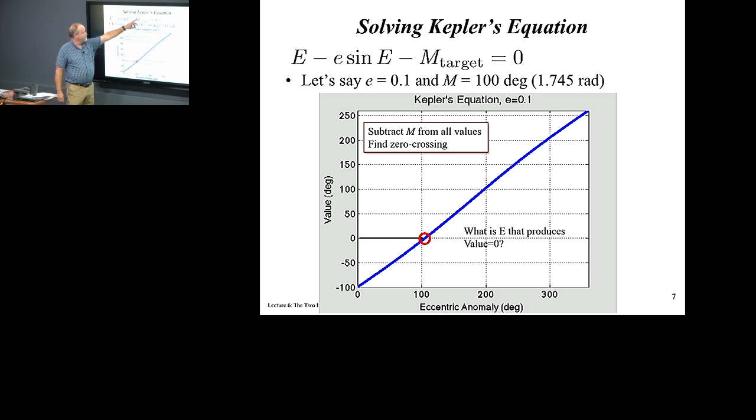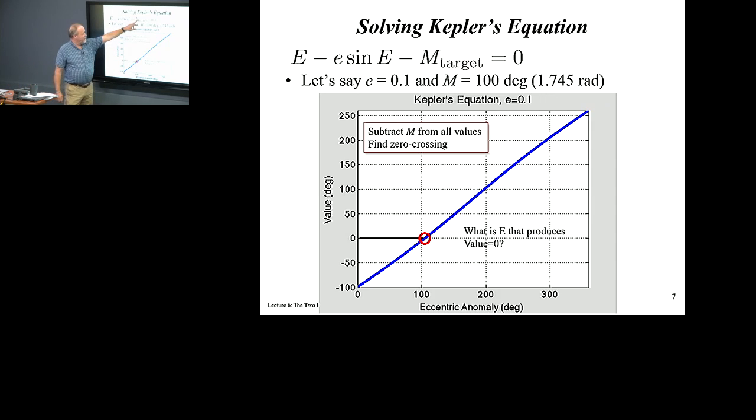This would be our mean anomaly, so we're going to say that's 100 degrees. And then we're going to plot out this function. If we use an initial value of the eccentric anomaly that corresponds to the mean anomaly, then we can use that as our first iteration.